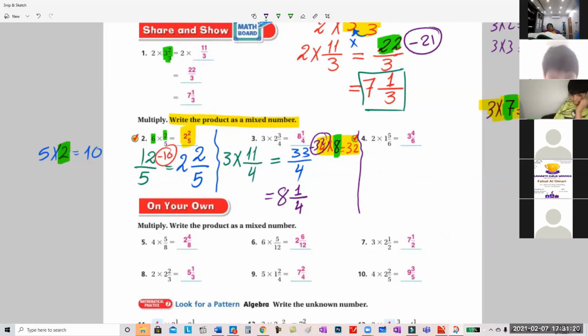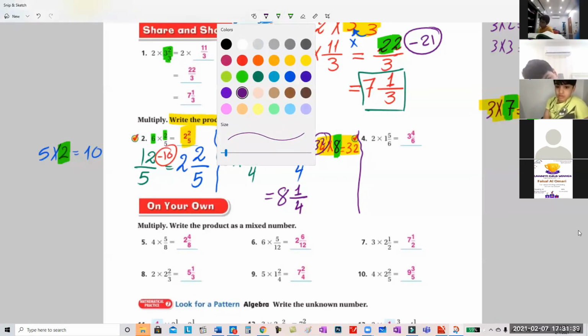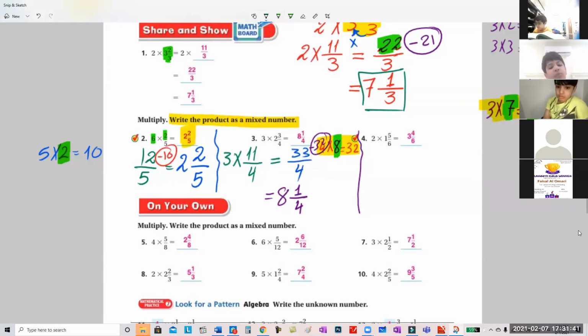What about Faisal Omari? Teacher, 1 multiplied by 5. No. Faisal Omari, are you there? Yes. How can we solve number 4, Faisal?